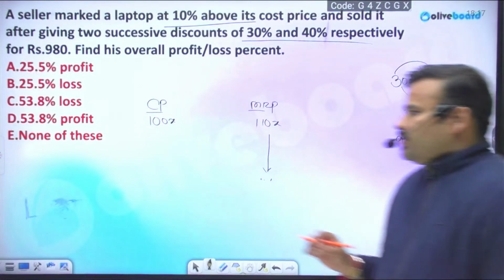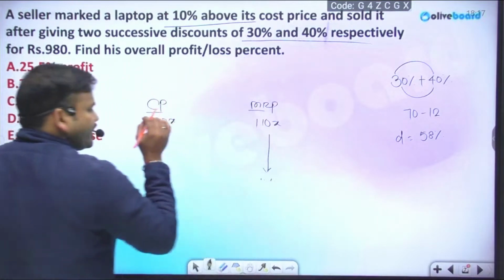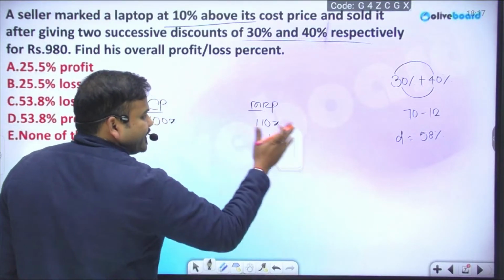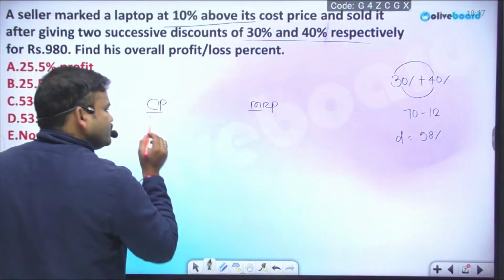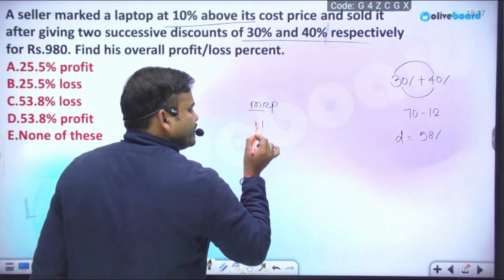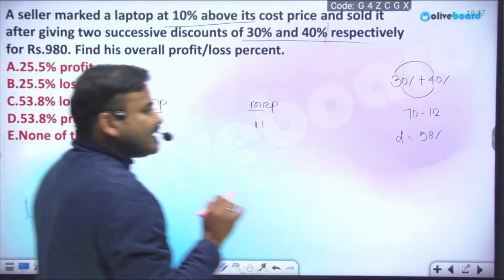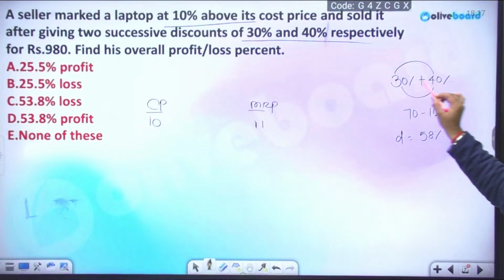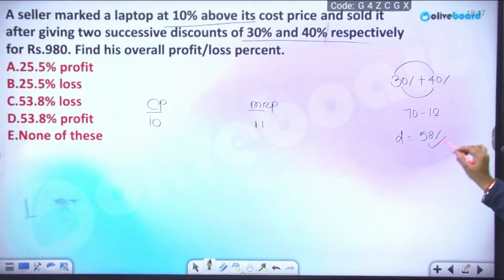Clear? So either you can write it in the form of x, or it's not necessary to write in the form of x. You can write it in ratio form also. The article of 10 units is marked at 11 units. The article was sold at discounts of 30% plus 40%, that means overall 58% is the discount percent.